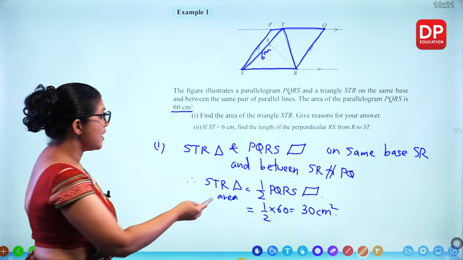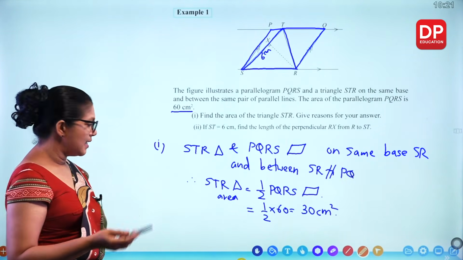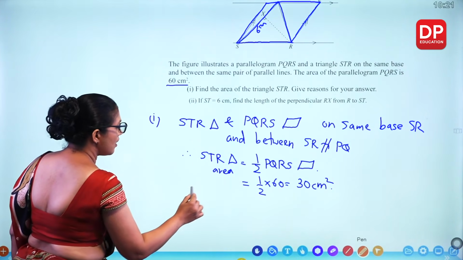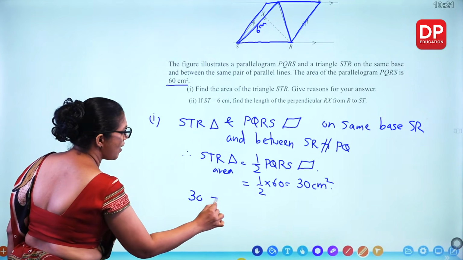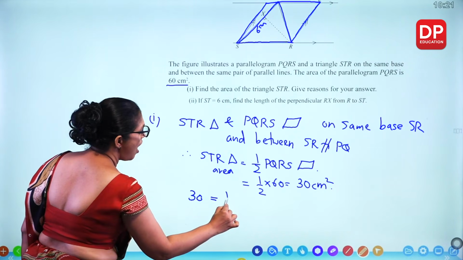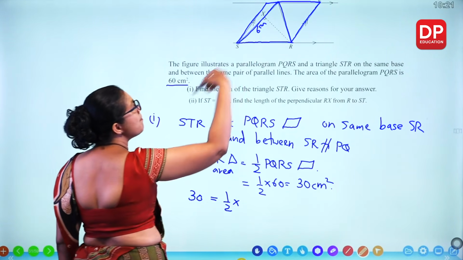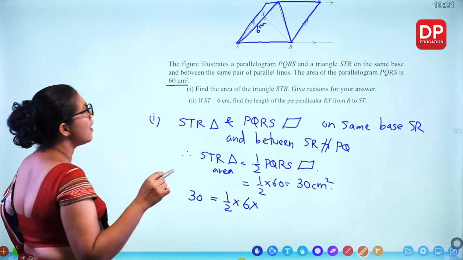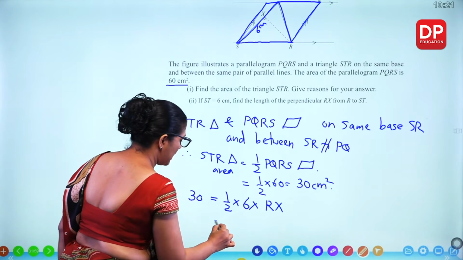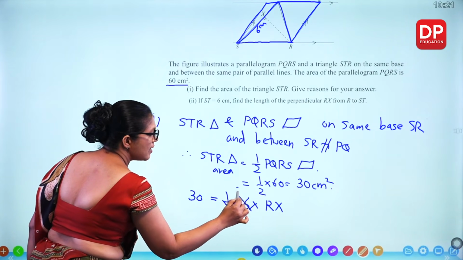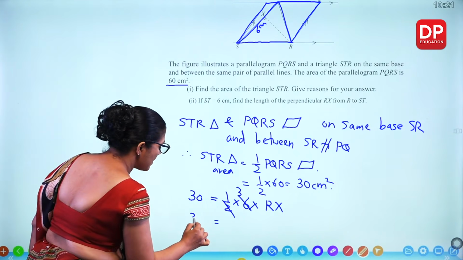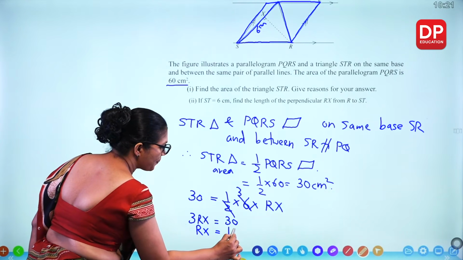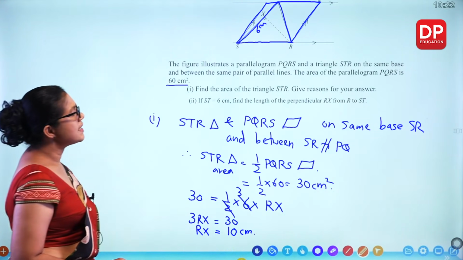But we know the area of the triangle is 30, so we can use that property. 30 square centimeters is equal to half times base 6 centimeters times the perpendicular height RX. When you simplify, 2 and 6, you get 3. 3 RX is 30. So what is the RX length? Divide by 3: 10 centimeters.